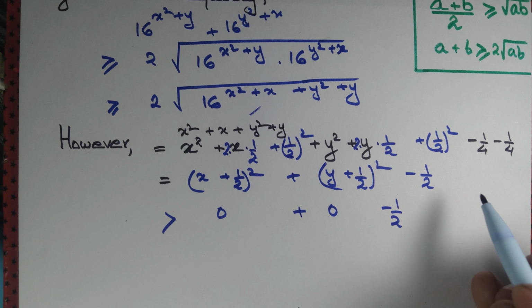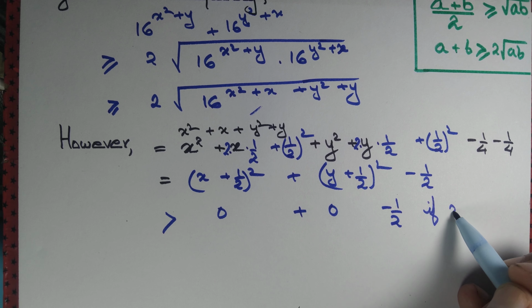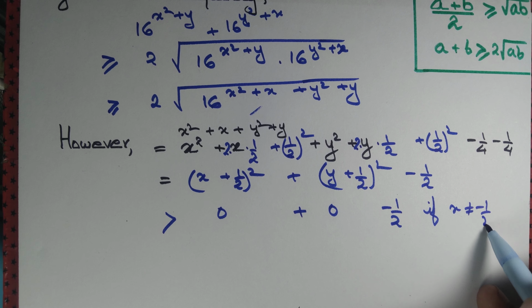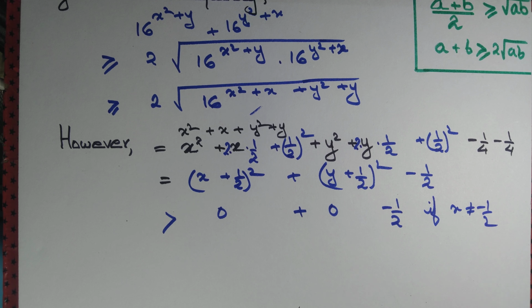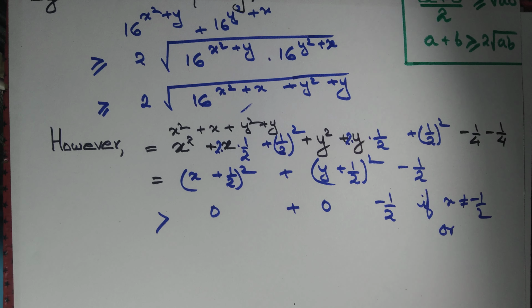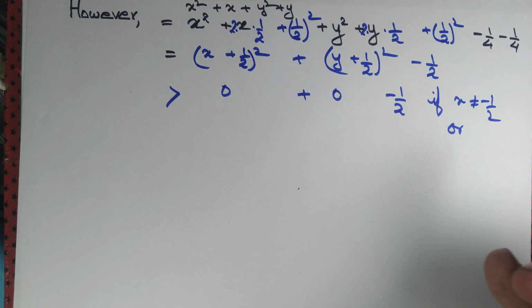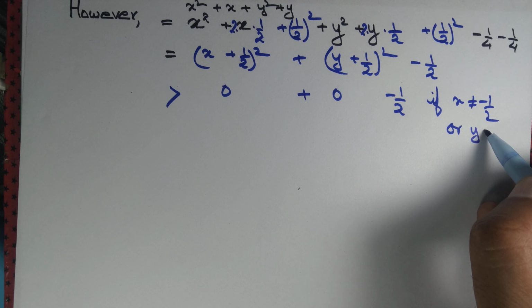So if I take x different from minus half, then this quantity is greater than 0, or even if I take y different from minus half, then this quantity is different from 0.